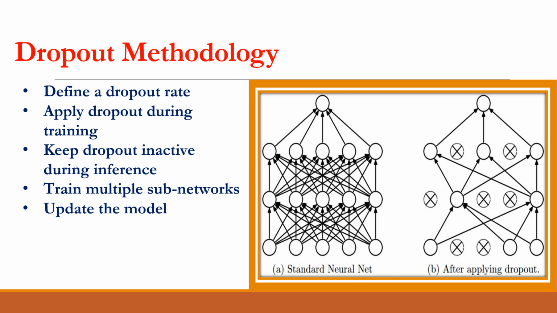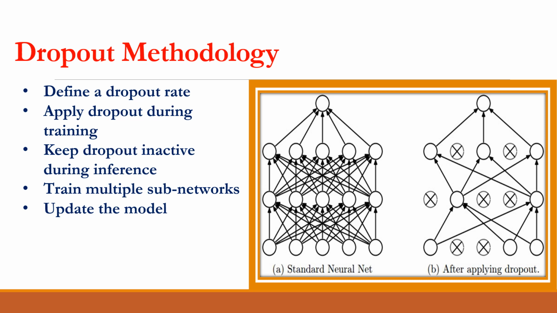To understand this better, imagine a complex recipe that has been passed down through generations. Over time, the recipe may have been modified slightly in different households, resulting in unique versions of the same dish. Dropout works in a similar way by creating variations of the neural network during training. This allows the model to learn from multiple versions of itself, which ultimately leads to better performance on unseen data.